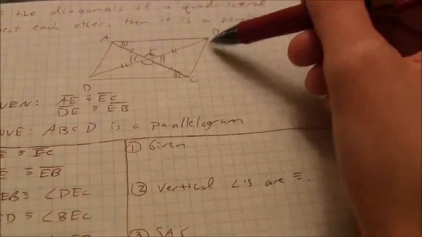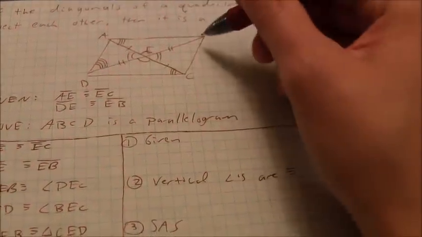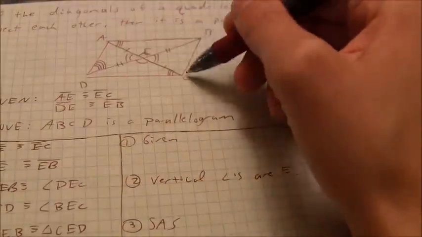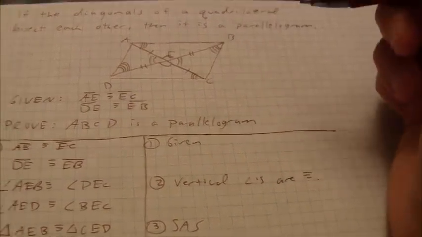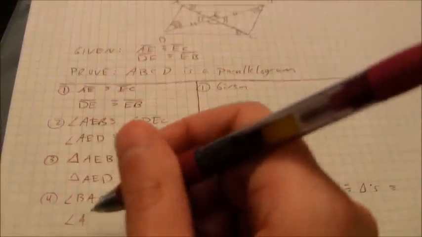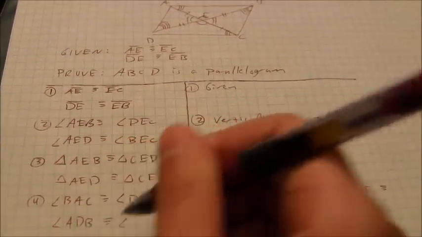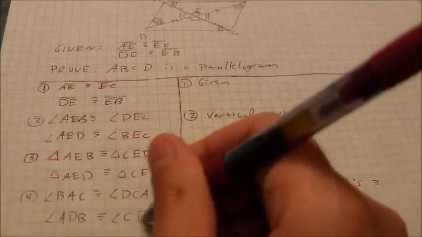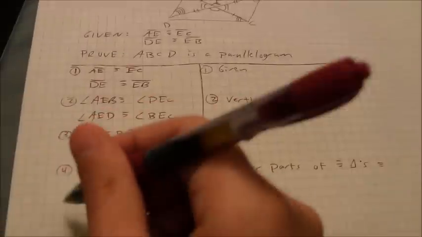And I have a sideways set of alternate interior angles as well. That's angle ADB and angle CBD. Angle ADB is congruent to angle CBD. Those are also corresponding parts of congruent triangles.